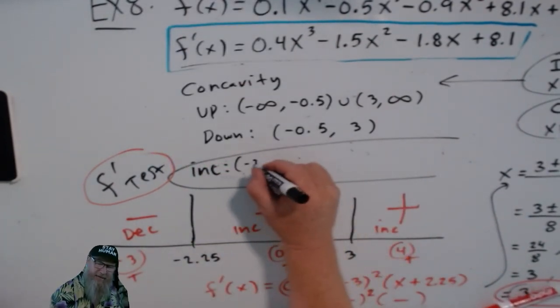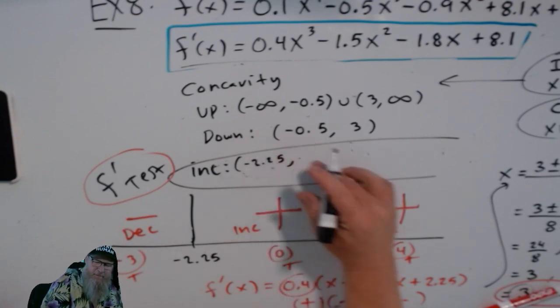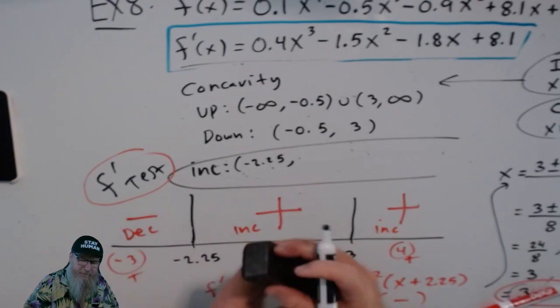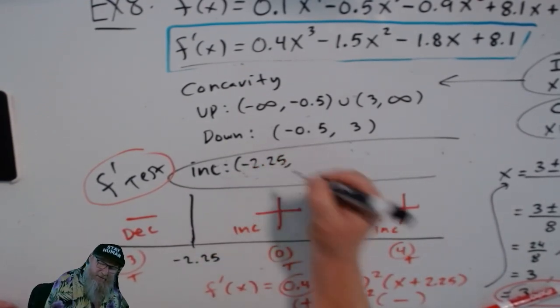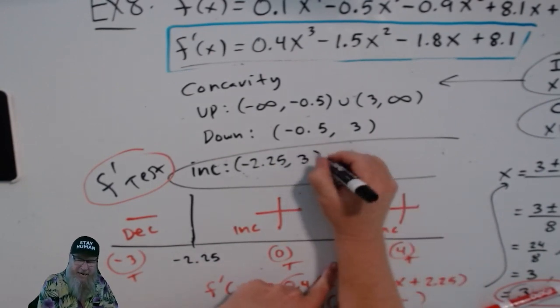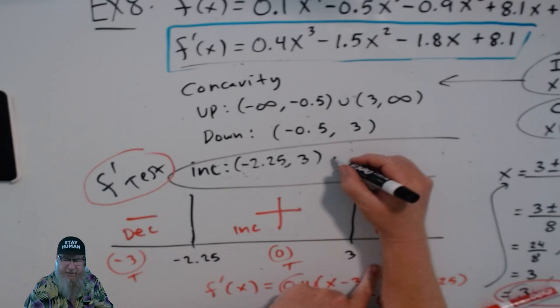Increasing from negative 2.25 all the way to 3, union 3 to infinity.